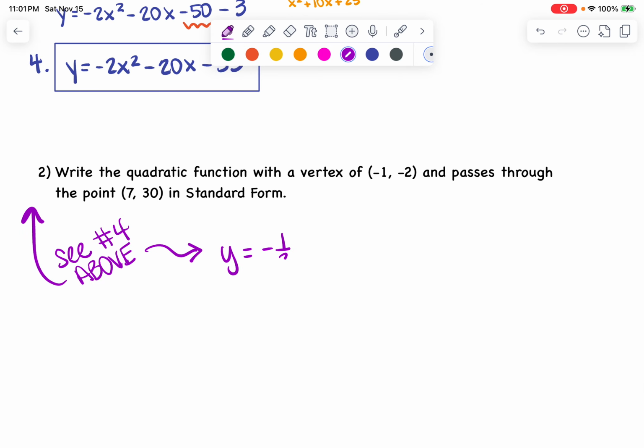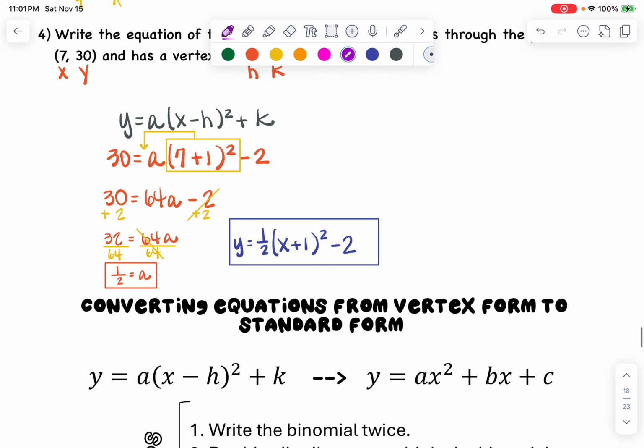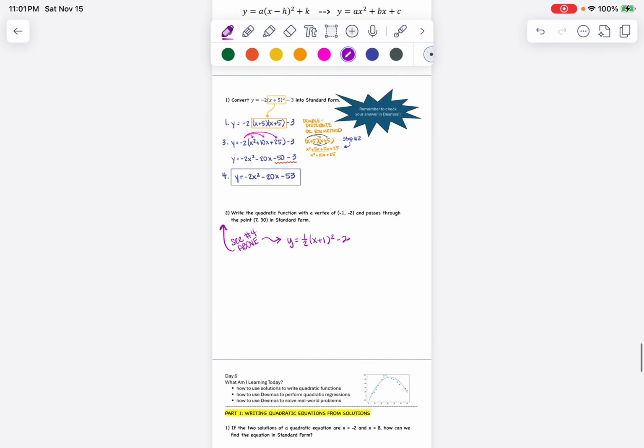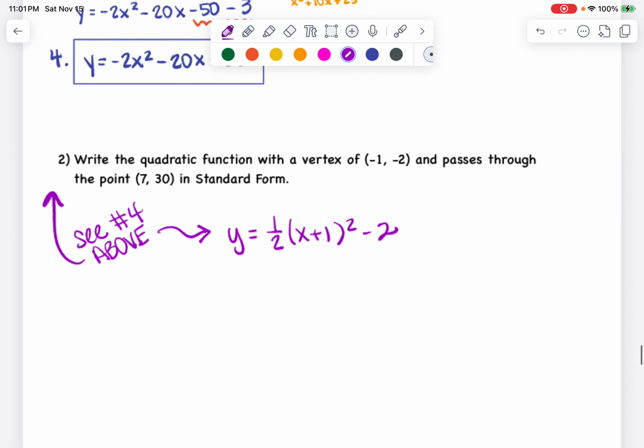Was it negative 1/2? Oh my gosh, my memory. Nope, positive 1/2. Yeah. All right.